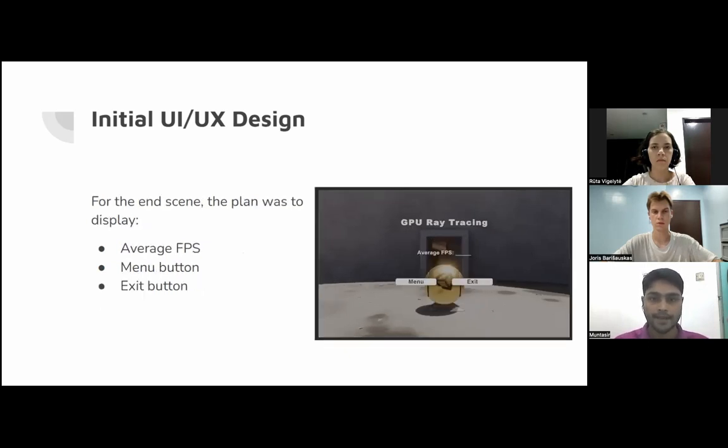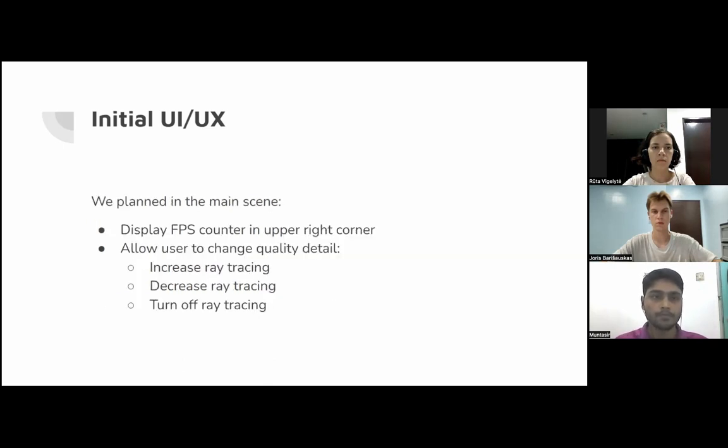For the end scene, the plan was to display the average FPS, a menu button, and also an exit button. We planned in the main scene to display an FPS counter in the upper right corner, and also allow the user to change quality detail, which are increase ray tracing, decrease ray tracing, and turn off ray tracing.